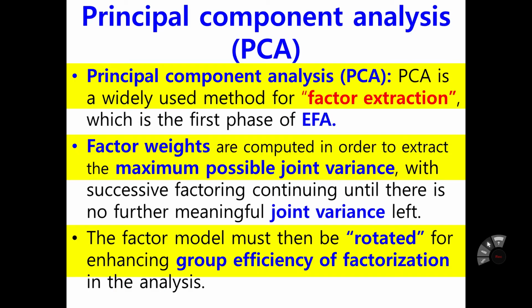So, I'm ready to explain principal component analysis. Principal component analysis, in short PCA, is a widely used method for factor extraction, which is the first phase of EFA. Factor weights are computed in order to extract the maximum possible joint variance. The keyword is joint variance, with successive factoring continuing until there is no further meaningful joint variance left.